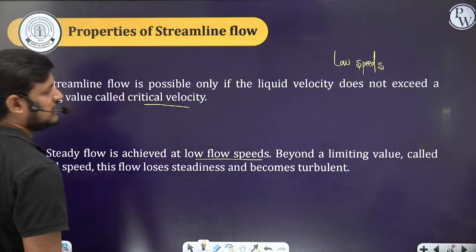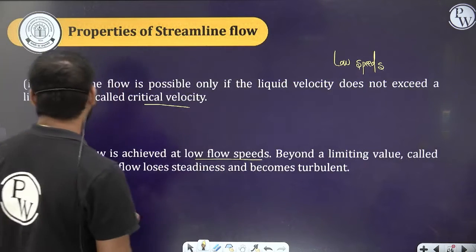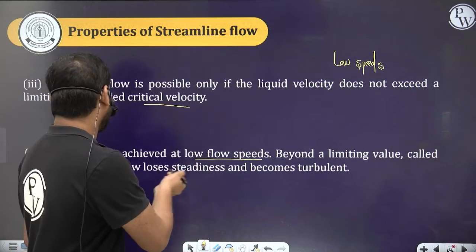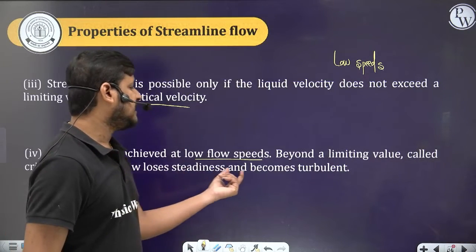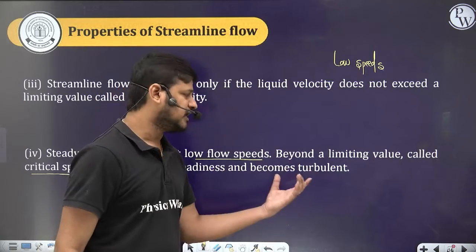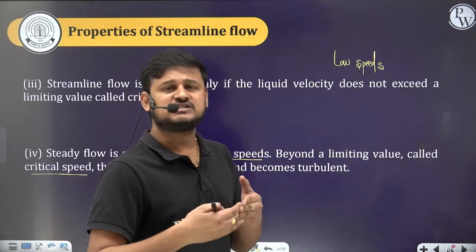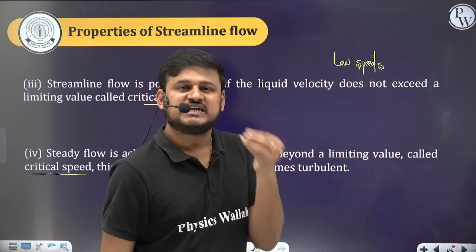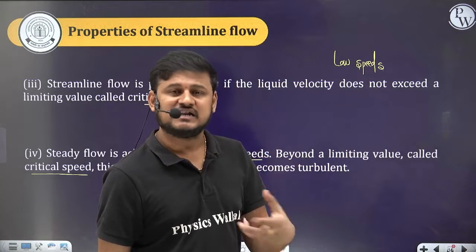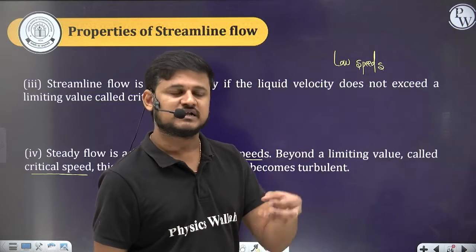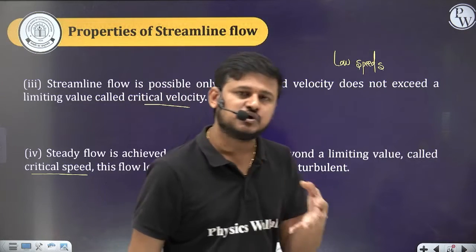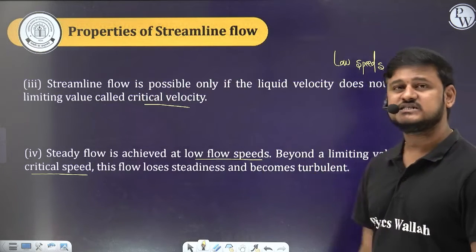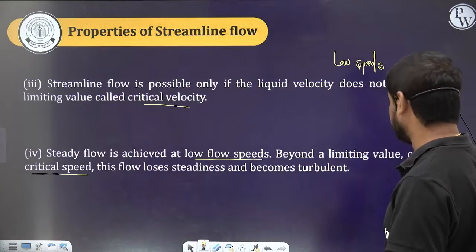Beyond a limiting value called critical speed, the flow loses steadiness and becomes turbulent. Turbulent means at a given point the velocity varies continuously. Streamline means the velocity at a given point is going to be constant for all the fluid particles passing through that point. Understood this difference? What is the turbulent and the steady flow? Clear? Next.